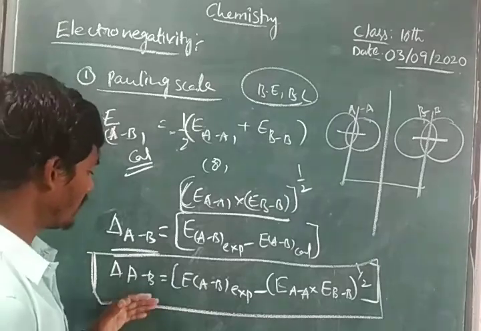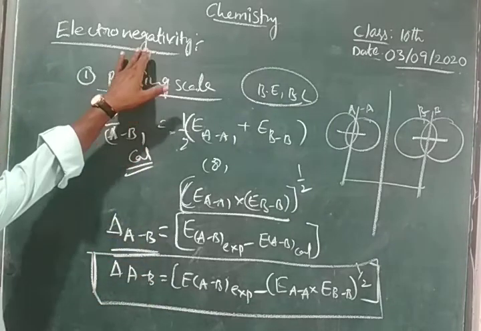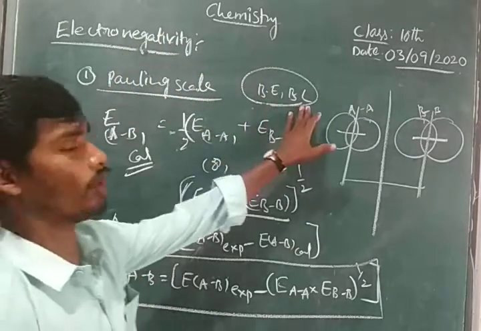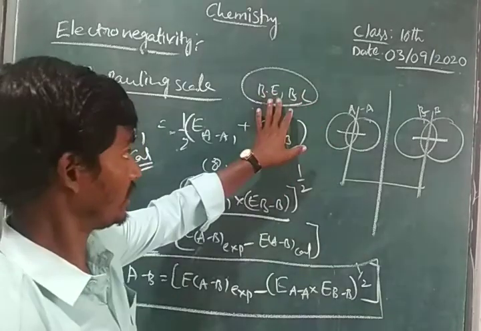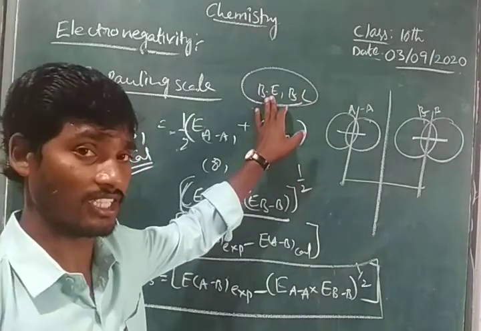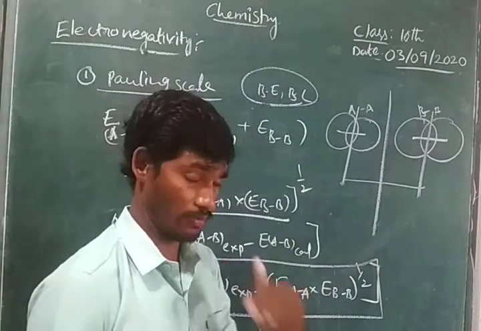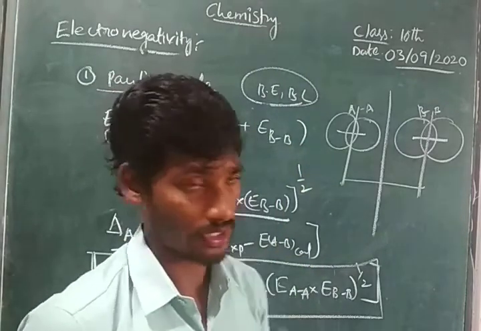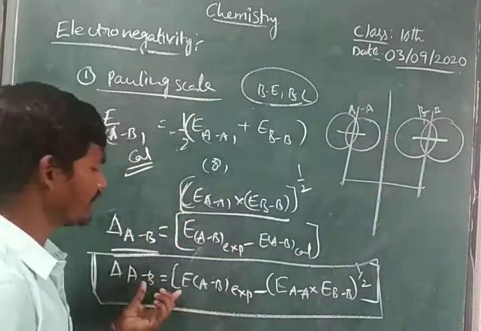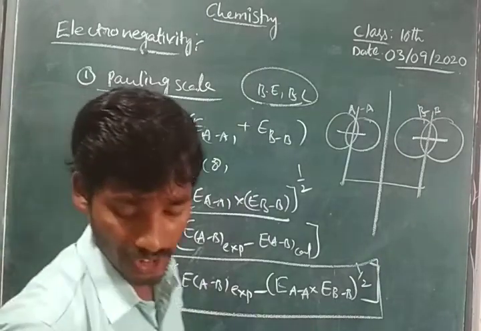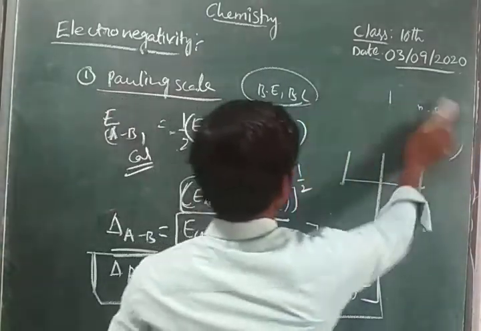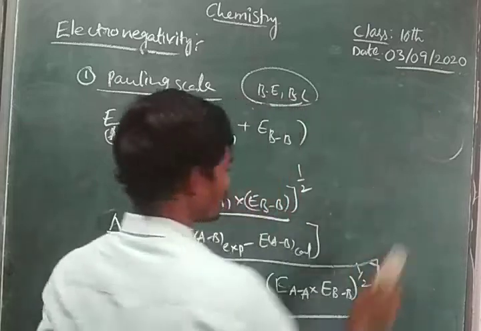Generally, electronegativity is explained based on bond energy, as I said. What are the units for bond energy? Kilocalories and kilojoules, that is, CGS units and SI units. Suppose we take the CGS units.